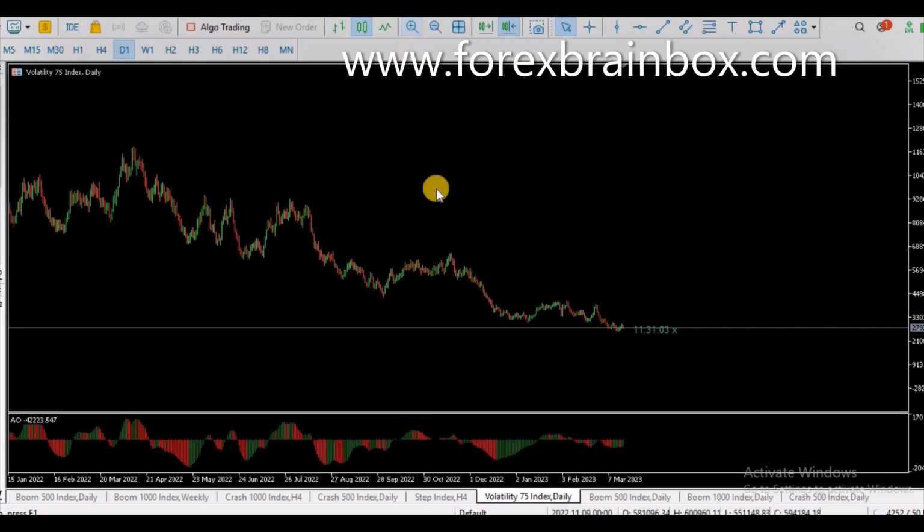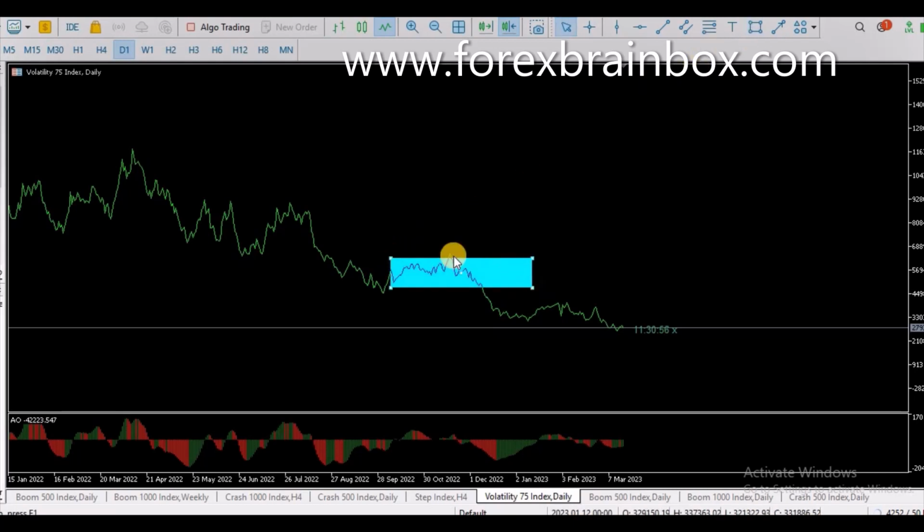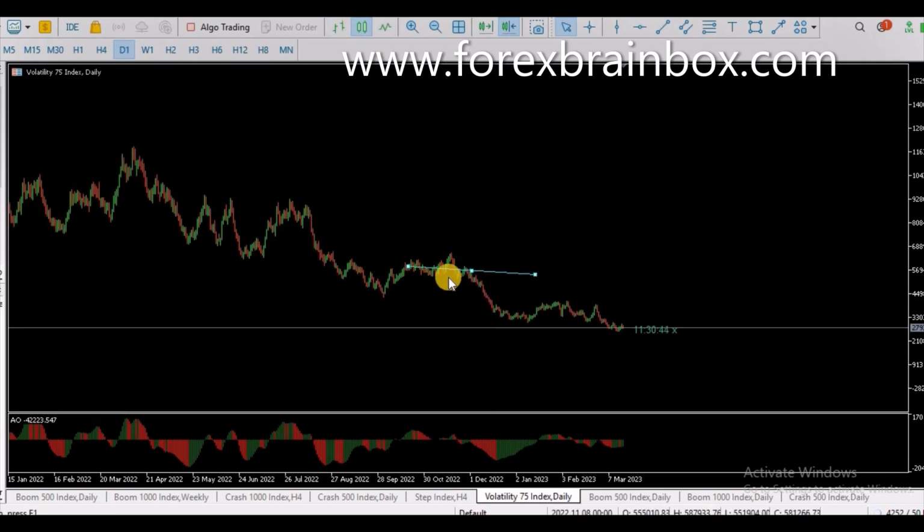I can see almost like a head and shoulders pattern here. So it's a head and shoulders there. Sell starting right here.